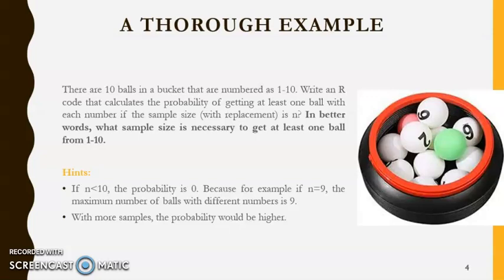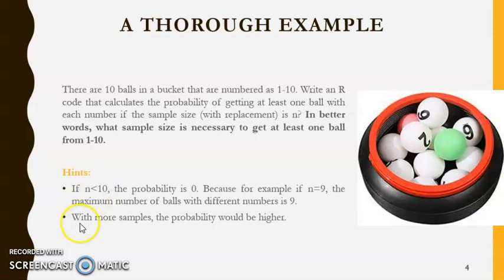Okay, so now you know about the problem, a bucket and balls, and you want to see all the numbers with the sample that you get. And here it says if n is smaller than 10, the probability is 0, because when you take 9, of course you cannot have 10 numbers.